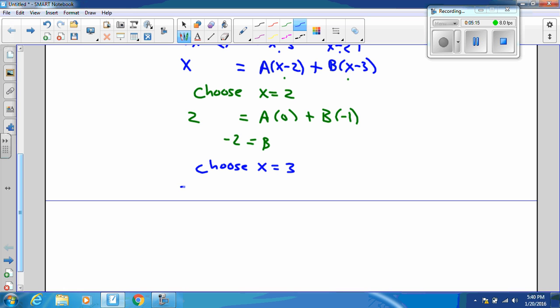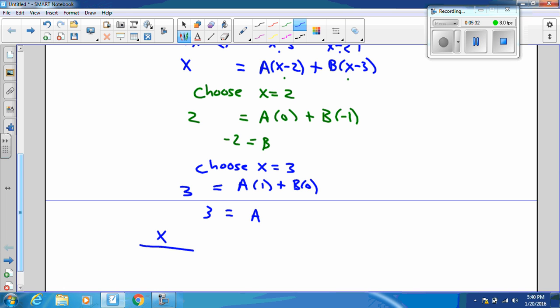And when I choose x equals 3 and substitute into the equation, I get 3 is equal to a times 1 plus b times 0, so a is equal to 3. And now I've got my values of a and b simply by appealing to some clever substitution.